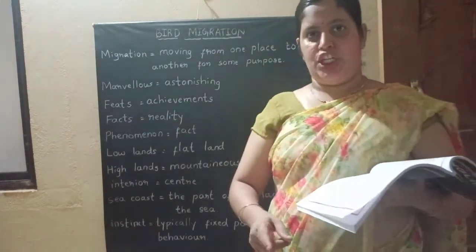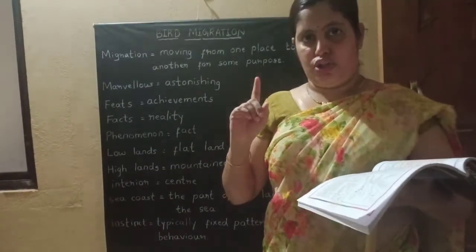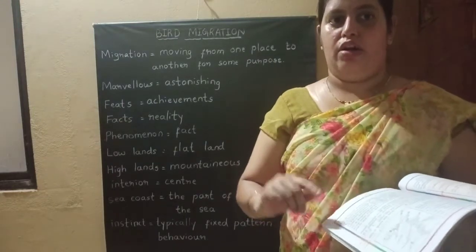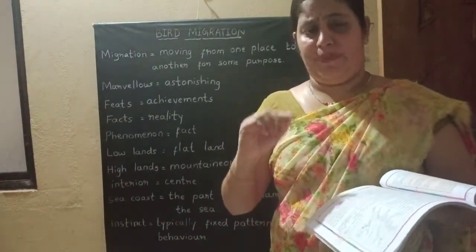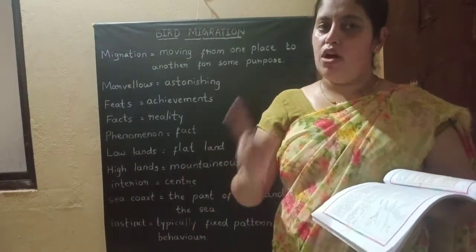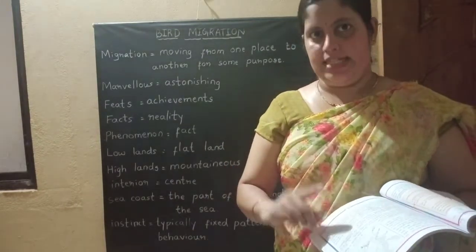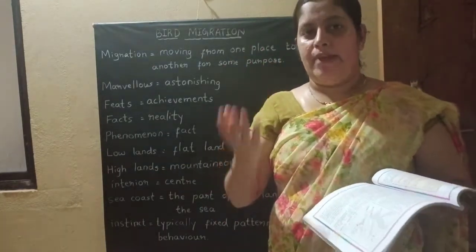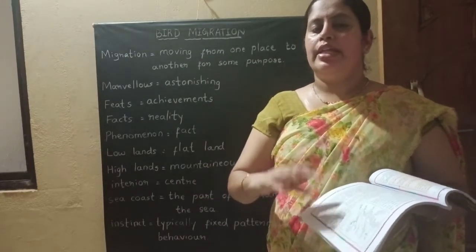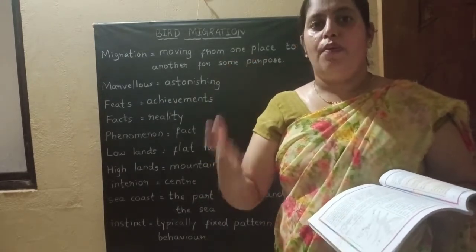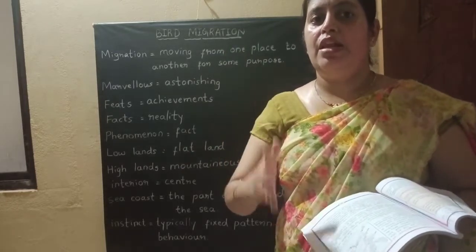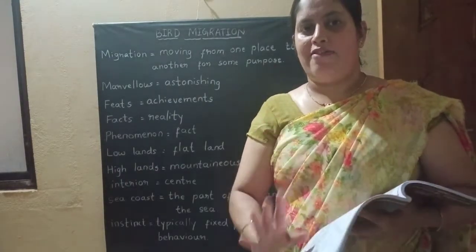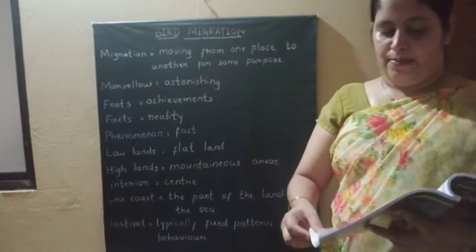This ability of knowing the shorter days and the longer days acts like an alarm clock. It warns the birds about the seasons, reminding them, and they migrate to the places where the climate is suitable for them to survive, where the climate is suitable for them to live.